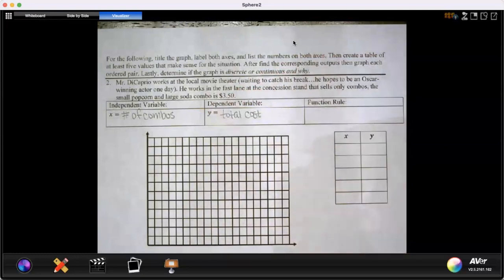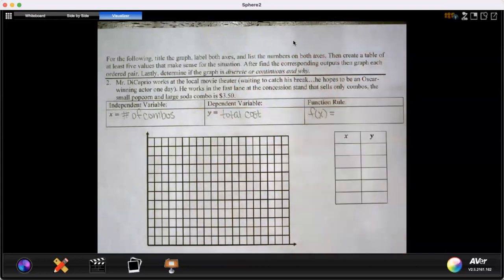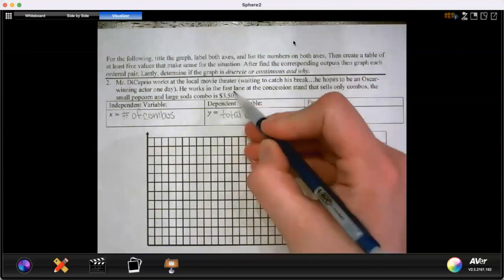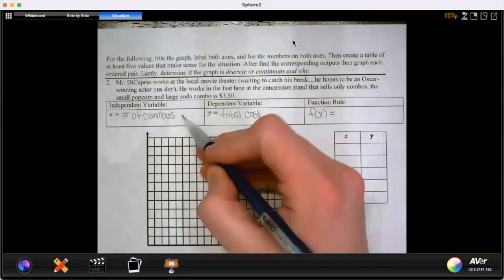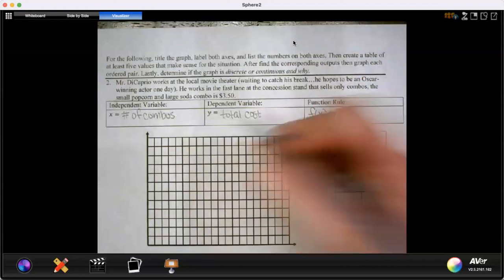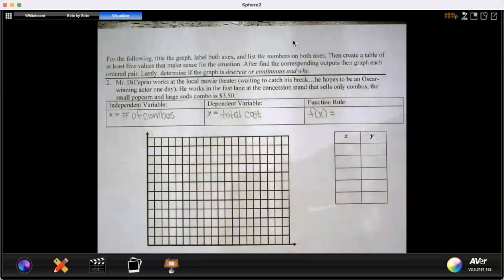Okay, let's talk about what a function rule would be to represent this. So remember, we're going to start with f of x, and we want to consider, how do the numbers we have relate to what we are comparing? So we have number of combos and total cost. Remember, y is the same thing as f of x. So my total cost equals what?